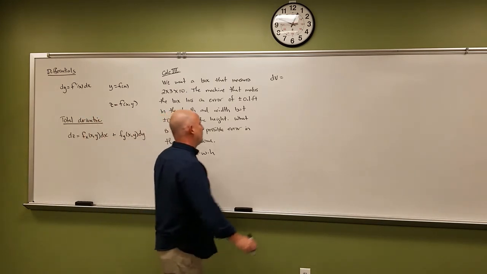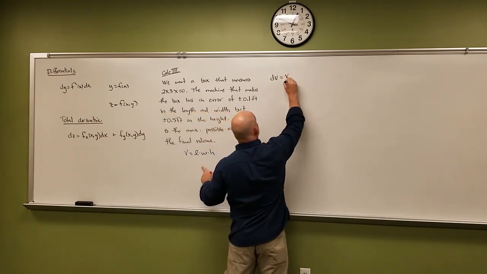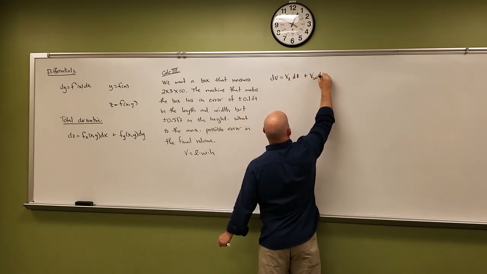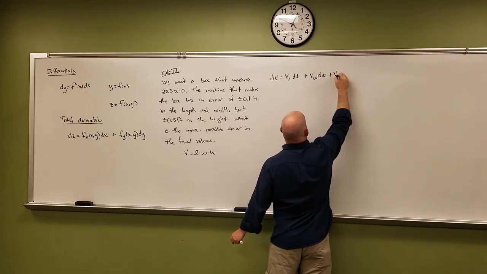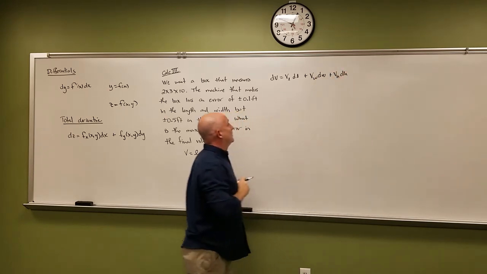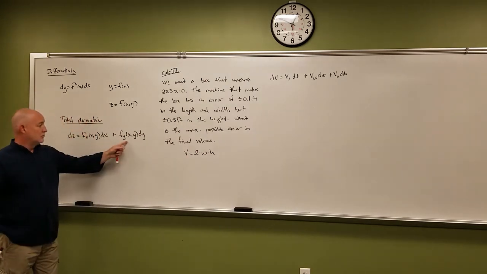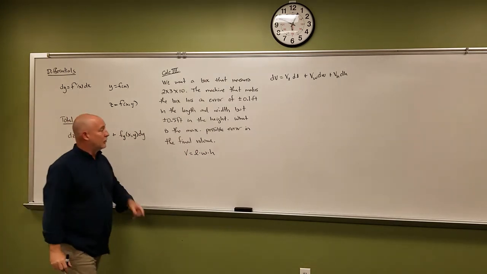So basically what we're doing is V sub L dL plus V sub W dW plus V sub H dH. Okay, so we got to take the derivative of each one of these in each direction that can move, and then multiply by its differential.